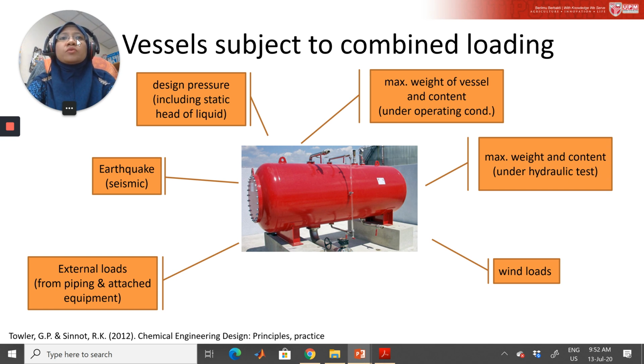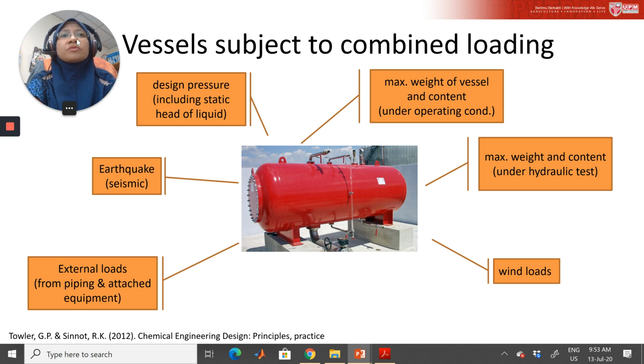So, in order for us to find the right thickness from the calculation, the stress from all loads that we determine must ensure the maximum allowable stress intensity is not exceeded at any point.